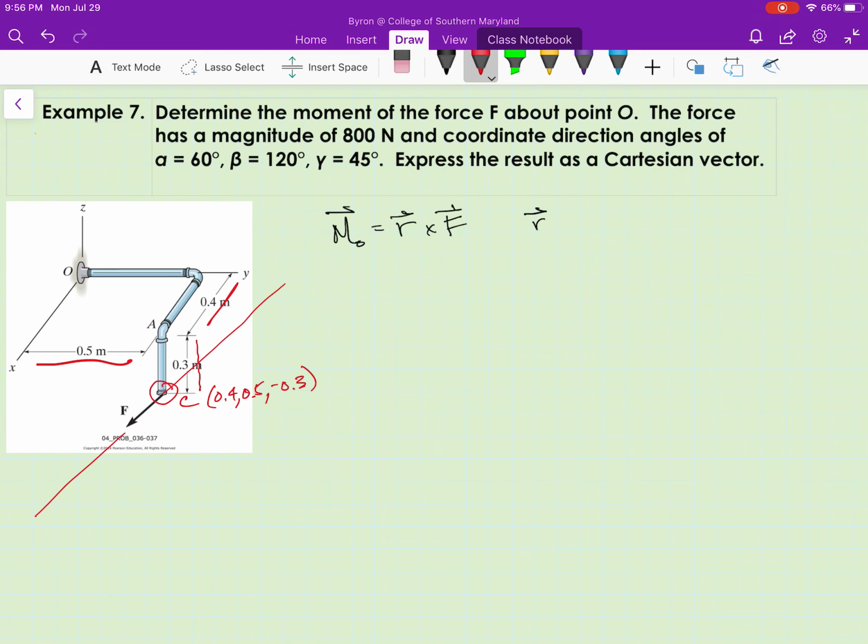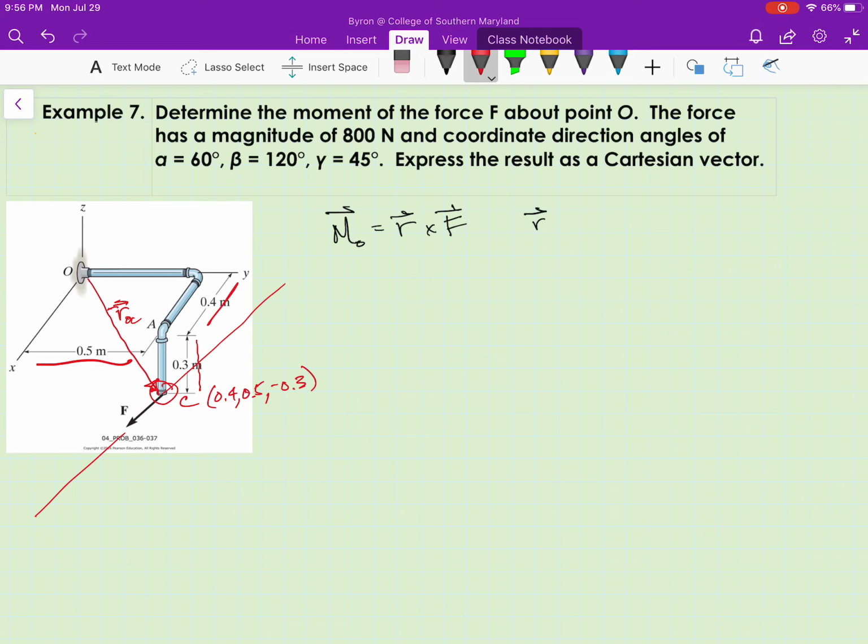Now the position vector from O to C is here. Call that R sub OC. Now we have everything we need to write R sub OC in Cartesian form.